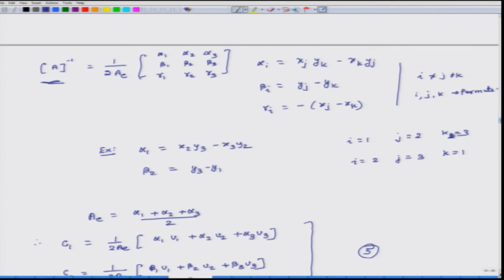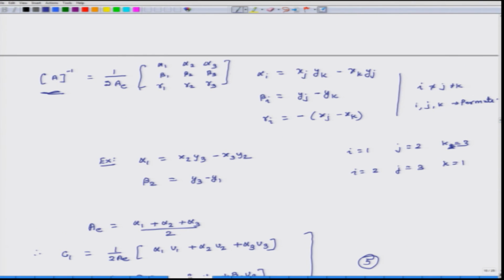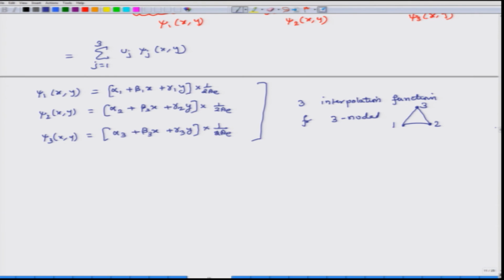Alphas, betas and gammas are nothing but functions of coordinates of nodes. So, they are known constants, and these constants depend on the coordinates of the node. So, if I change from one element to another element, the coordinates of the node change, and because of that these psi functions also change.